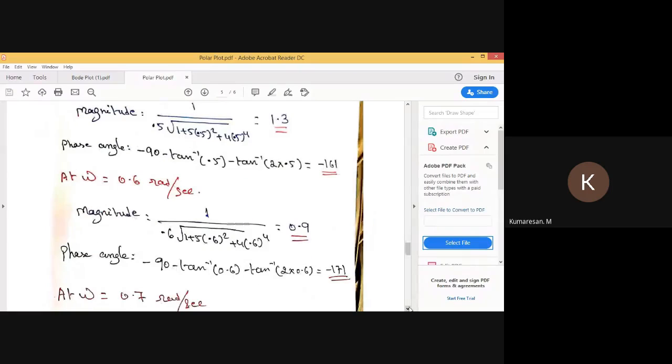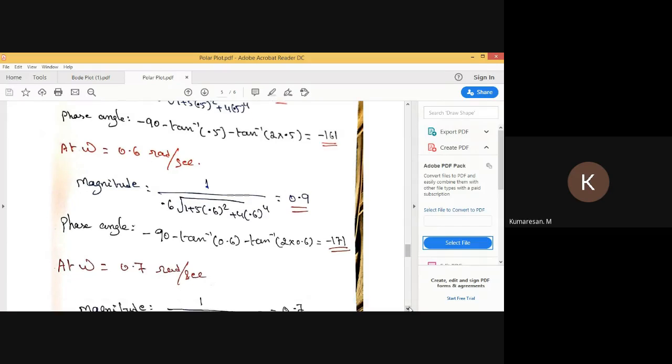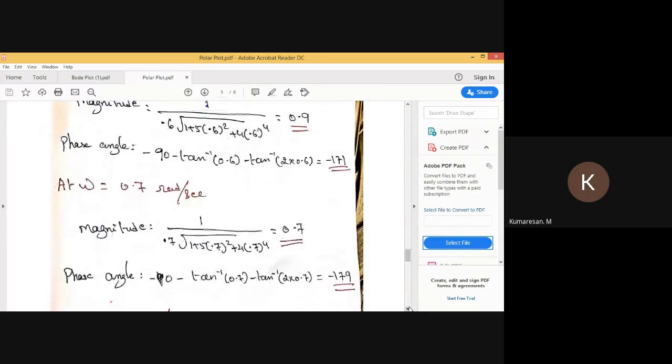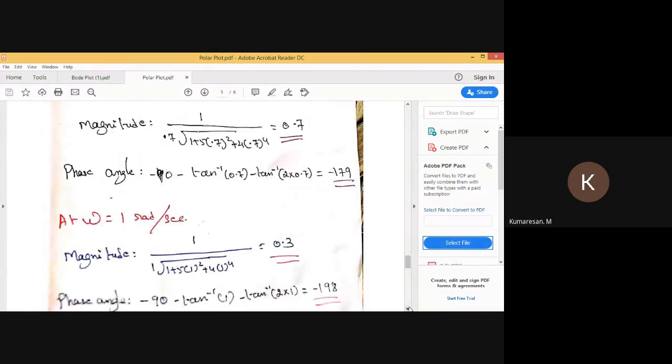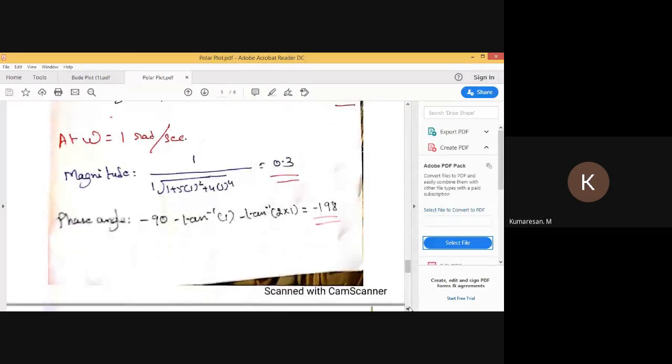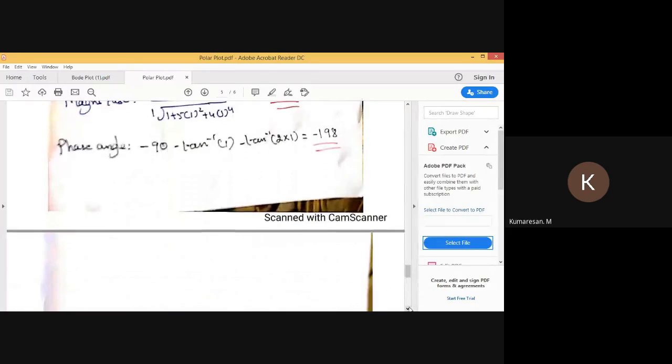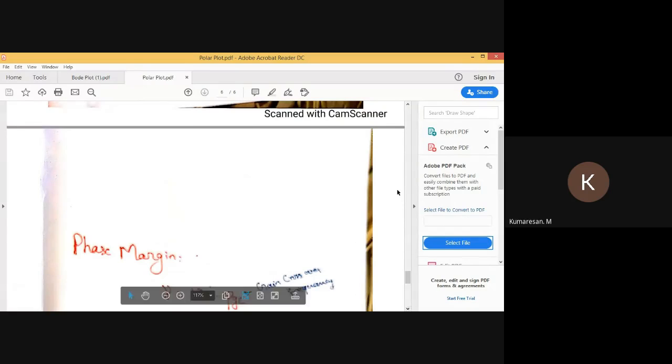For 0.6, magnitude 0.9, phase angle minus 171. For 0.7, magnitude 0.7, phase angle minus 170. At omega equal to 1 radian per second, we got magnitude 0.3, phase angle minus 198.